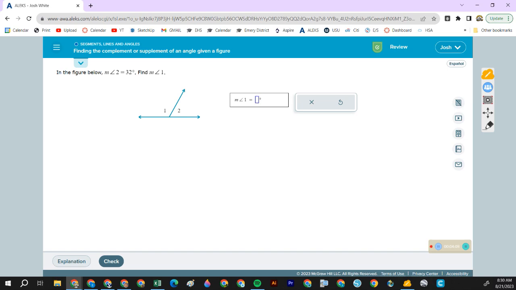So 180 minus 32 is 148. So not 68, 58. Yep. So an angle that is supplementary to angle 2 would be 148 because they add to 180. An angle that is complementary to angle 2 would be 58 because they add up to 90.